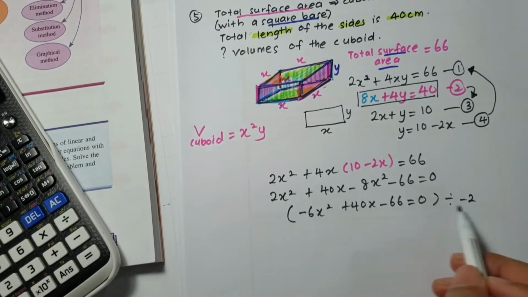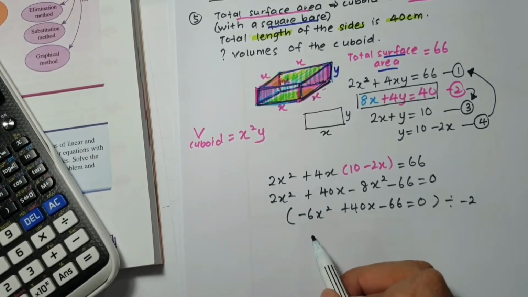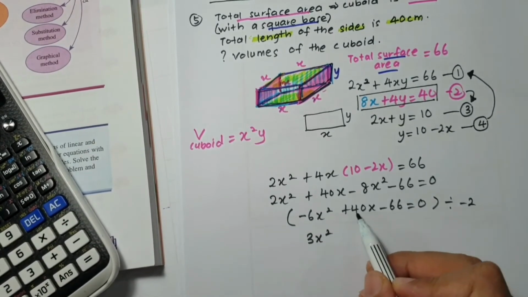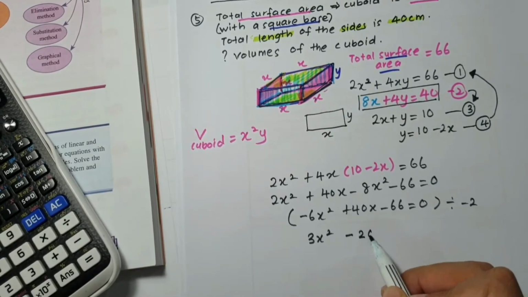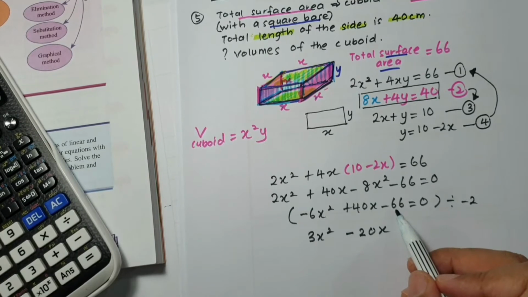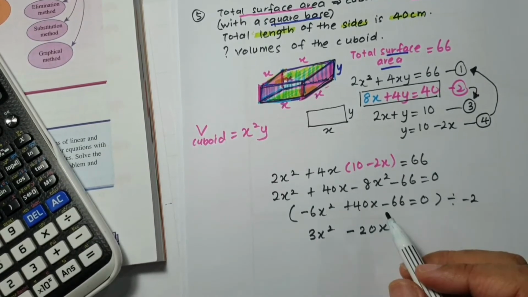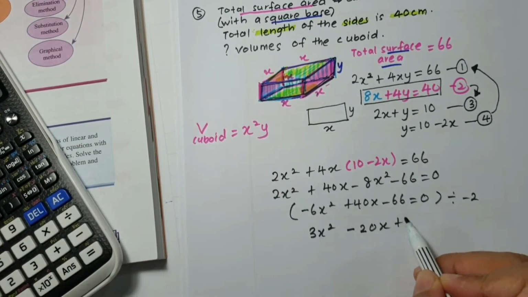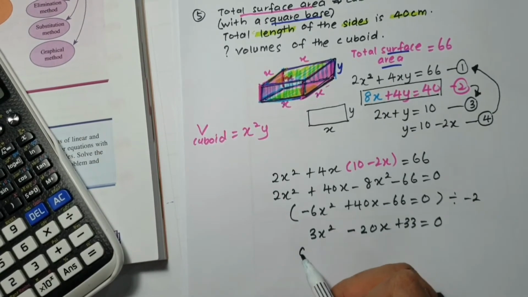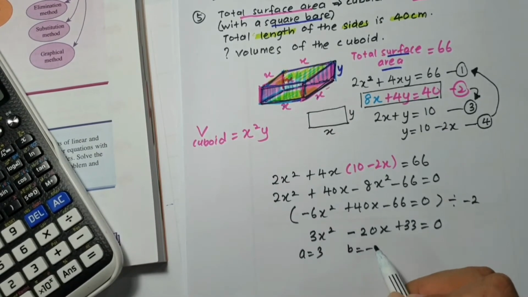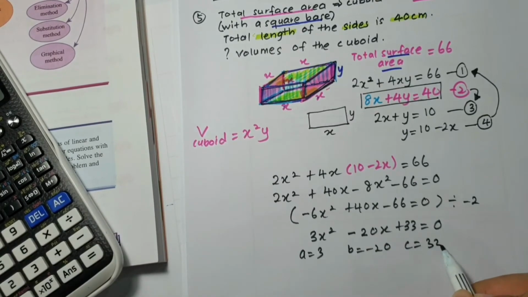So negative 6 divided by negative 2 becomes positive 3. 40 divided by negative 2 is negative 20x. Negative 66 divided by negative 2 becomes positive 33. So now you can use your calculator. A is 3, B is negative 20, C is 33.